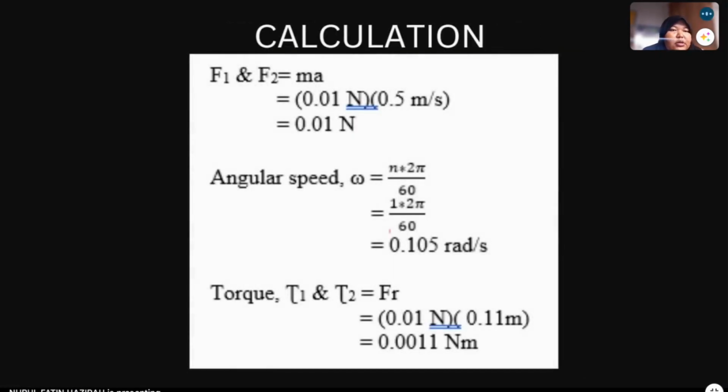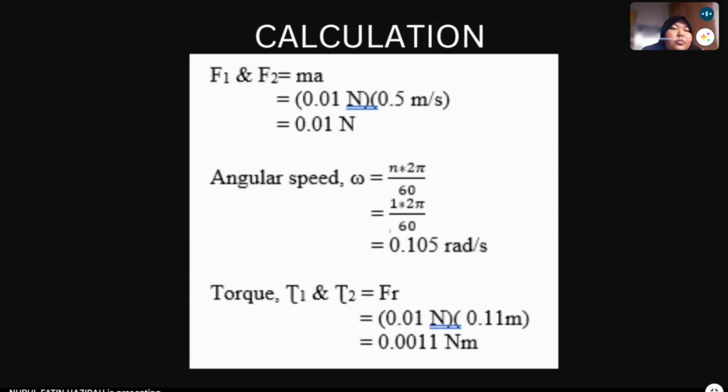So the ratio of gear is 1. Both the gears are also the same. So for the force expression, the mass is 0.01 multiplied with 0.5 meter per second squared. So the answer is 0.01.